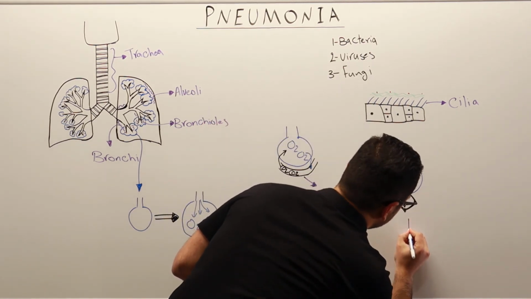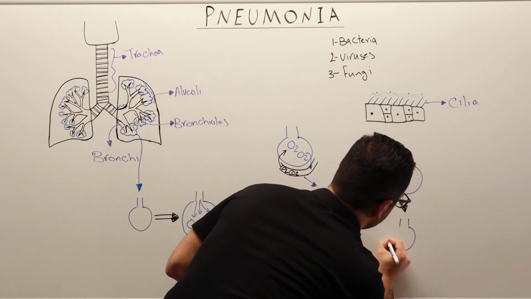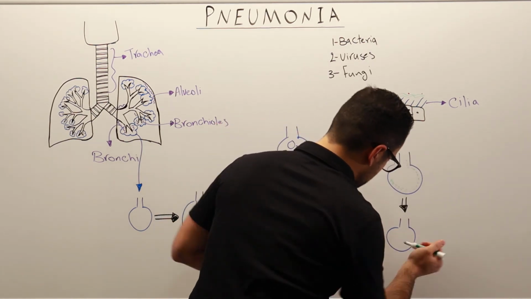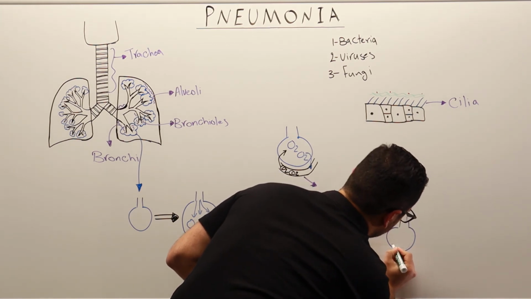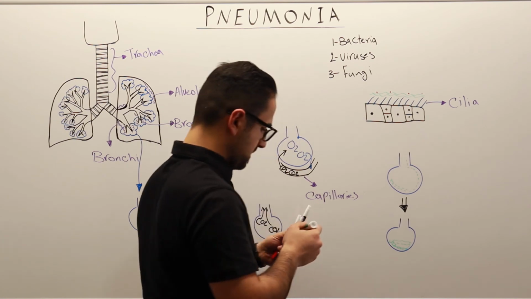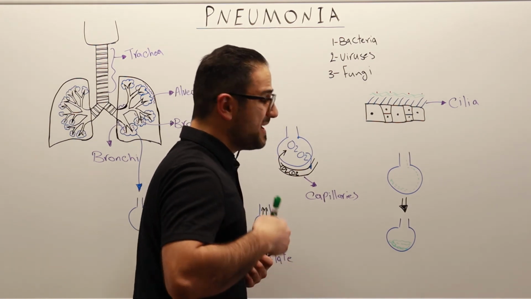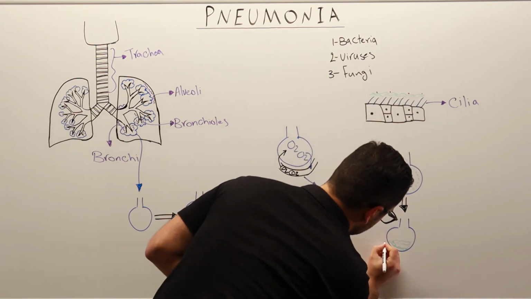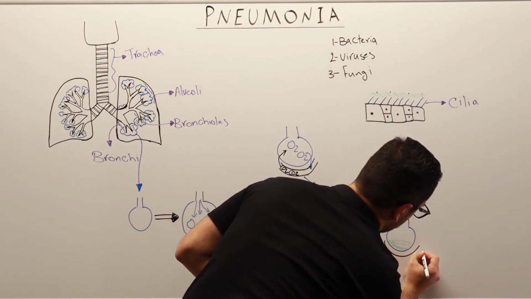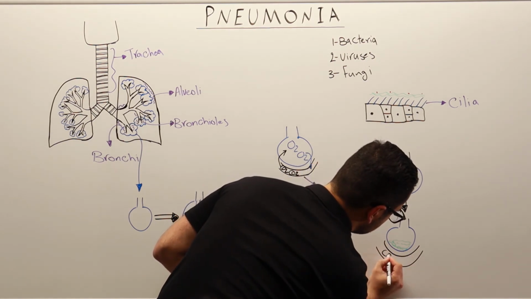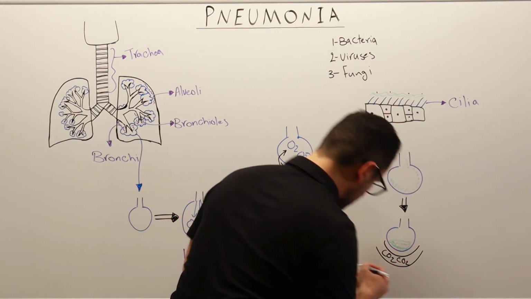So here, we're going to have an alveoli that is full of these germs, in addition to fluid inside it, which makes it really hard when a person is trying to breathe and supply the demanded oxygen to the body.